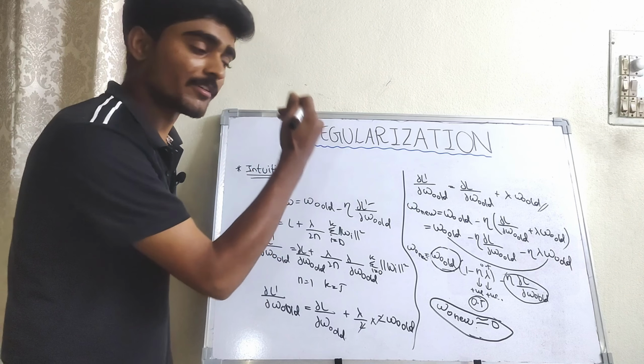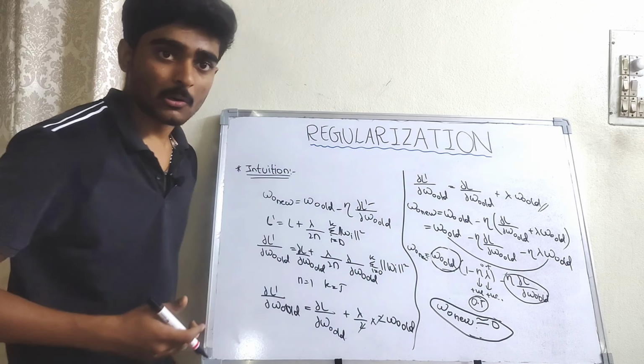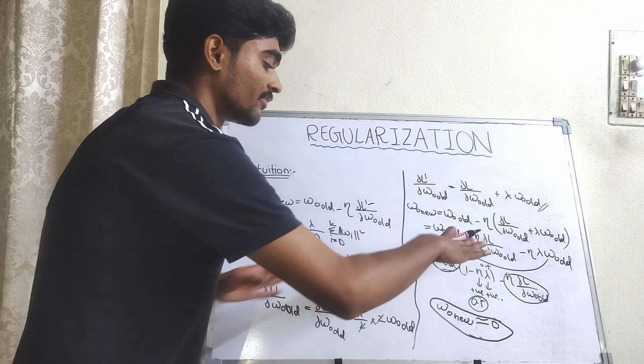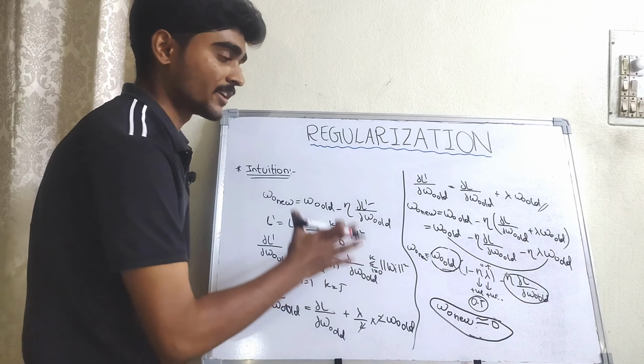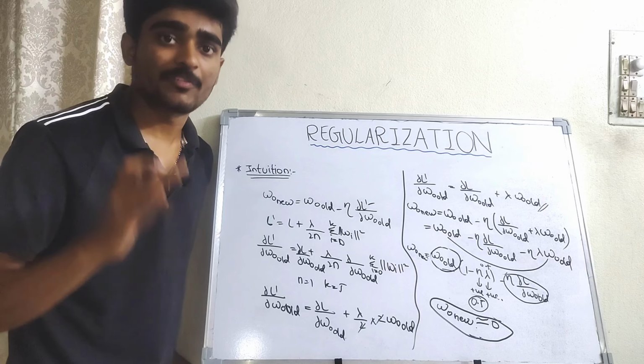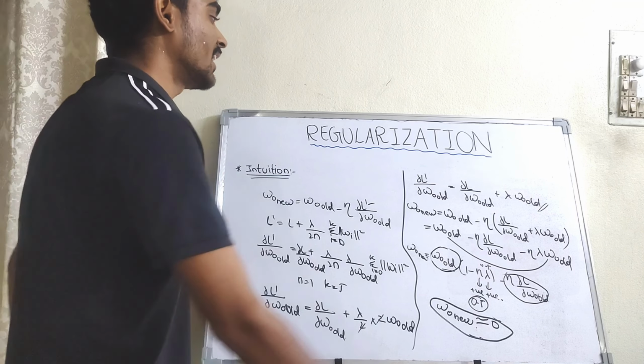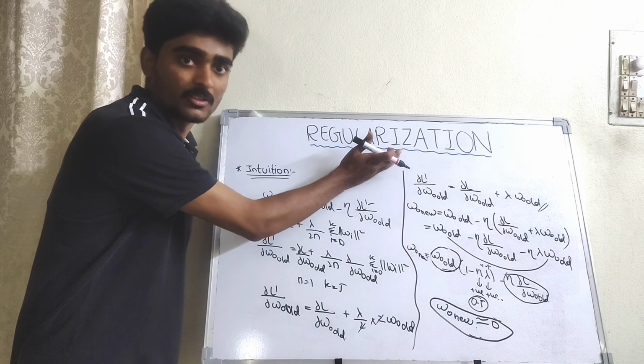Because the weights become closer to 0, regularization solves the problem of overfitting. This is the entire process of regularization.